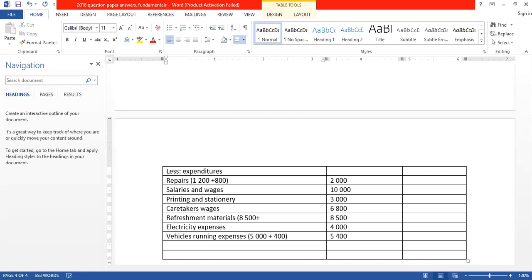And we said that we also have a payable of 2,200. So the total is 8,500 plus 2,200, which will give us 10,700. Do we all understand before we move on?